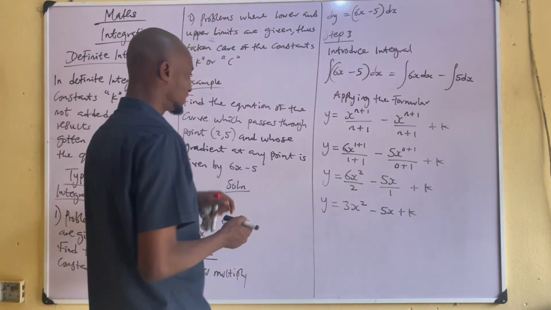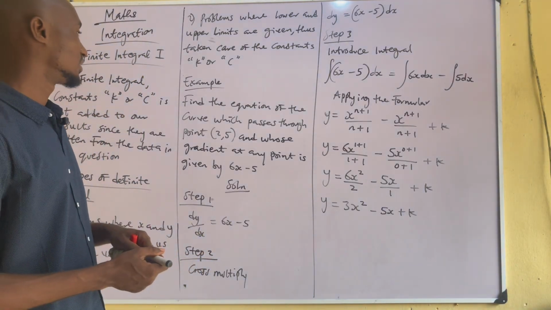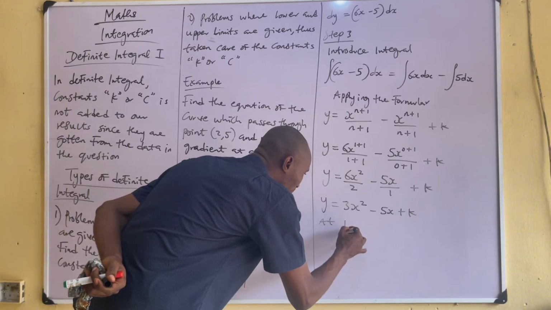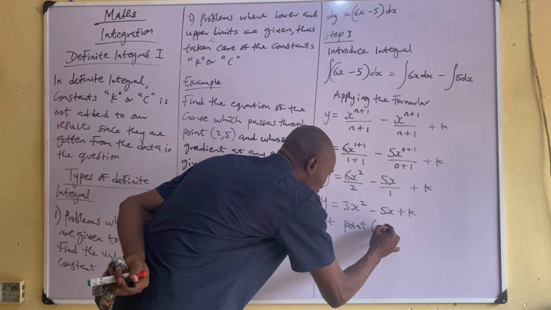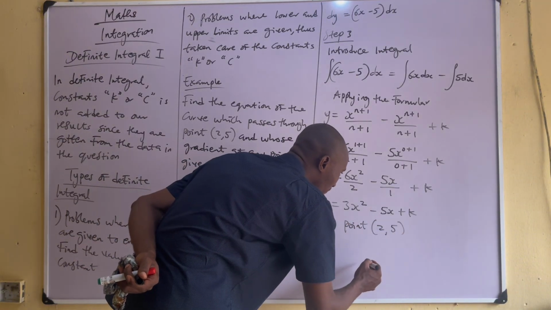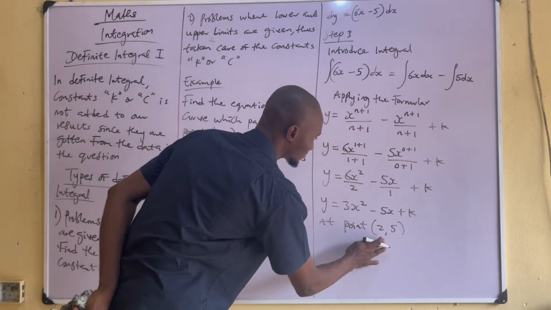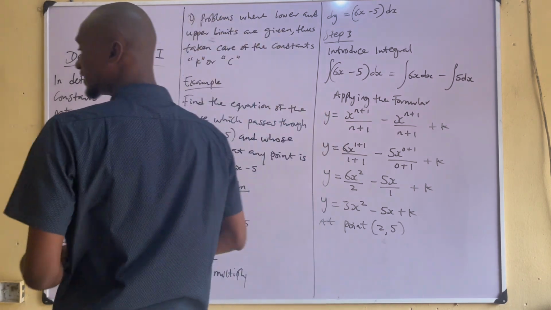But we have points here. At point 2, 5, this is x, y.